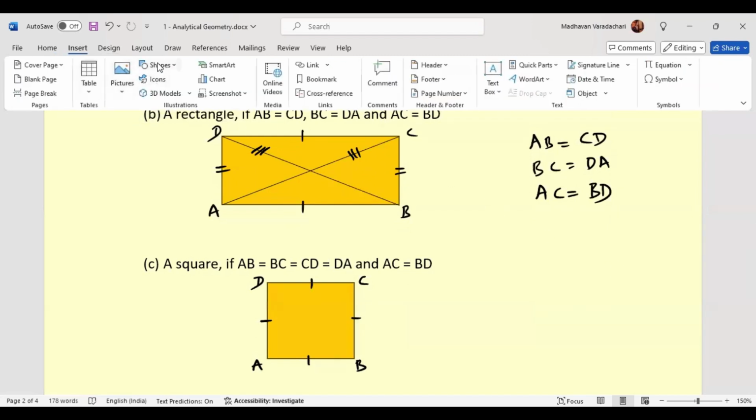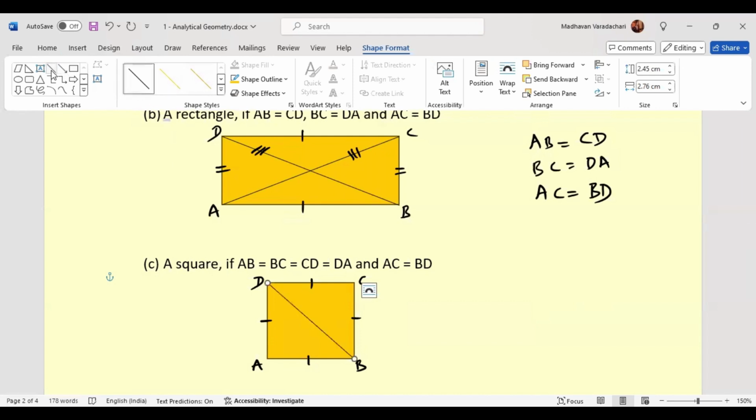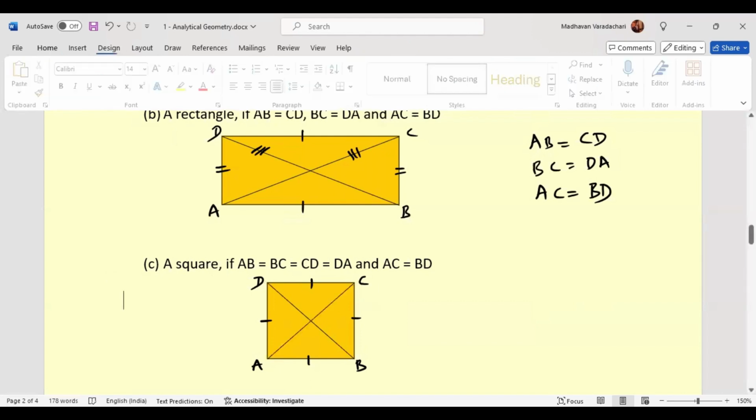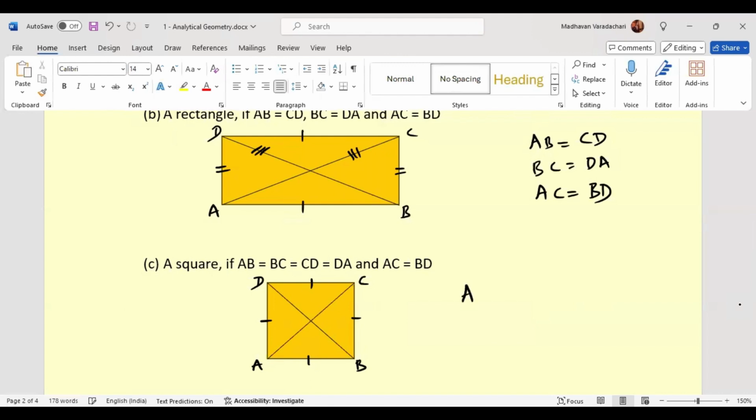Diagonals also should be equal. So here we have AB is the same as BC and BC is same as CD and CD is same as DA and AC is the same as BD. Diagonals. This is also a diagonal.